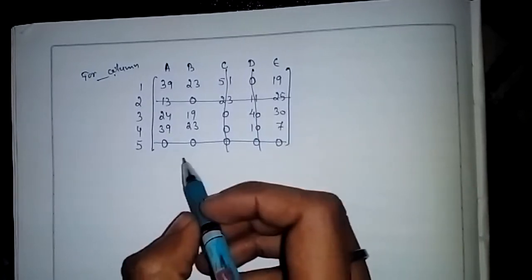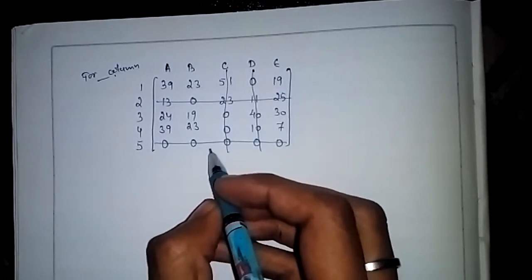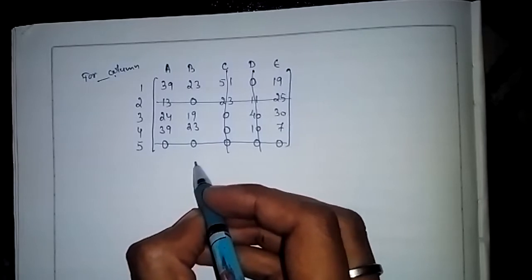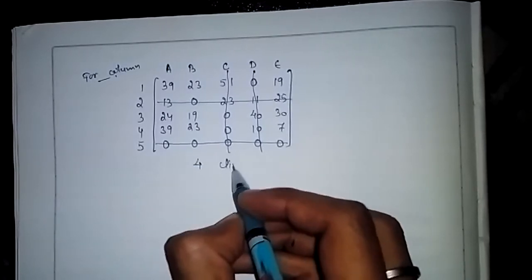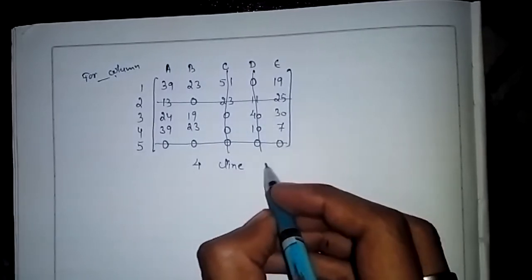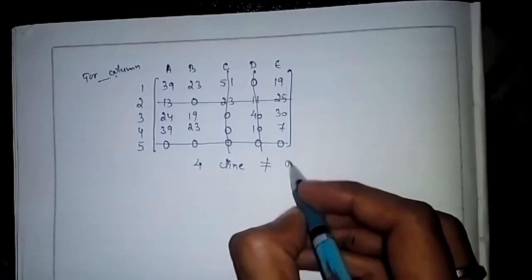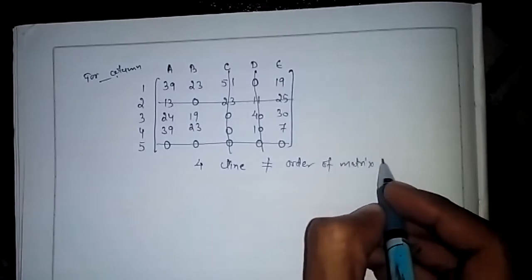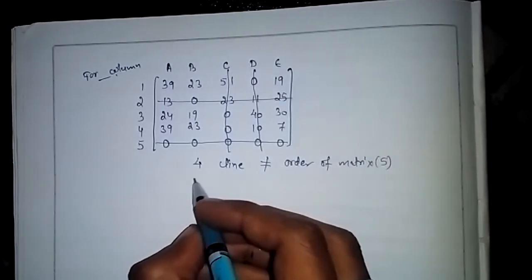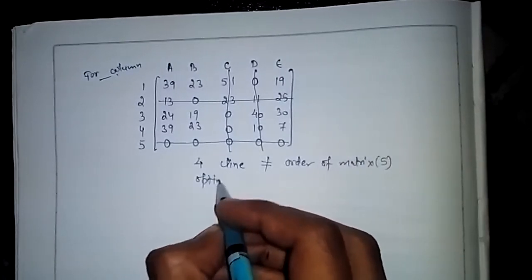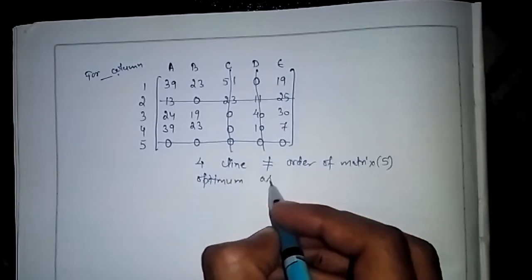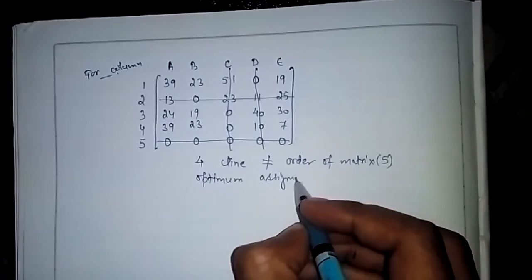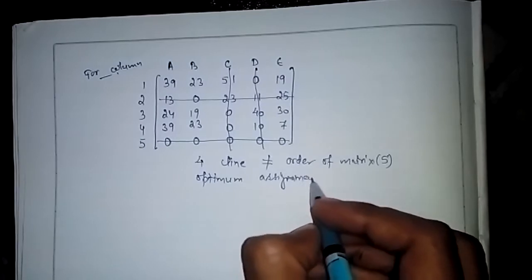So now you can see that we needed only four lines to cover up all the zeros, but it is not equal to the order of the matrix, which is 5. So we can say that the optimum assignment cannot be made in this cost matrix.